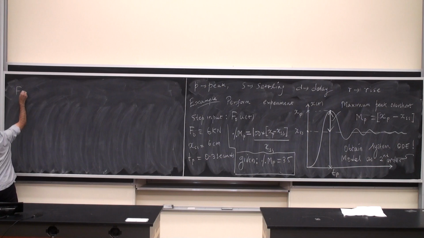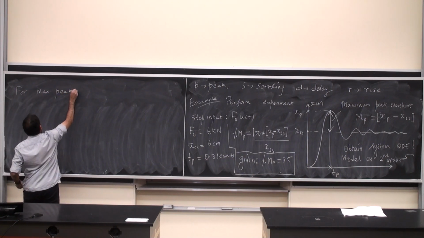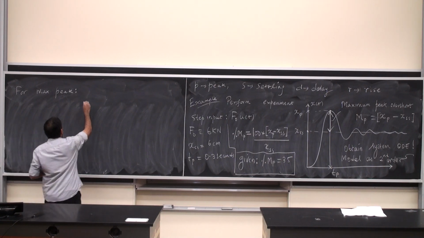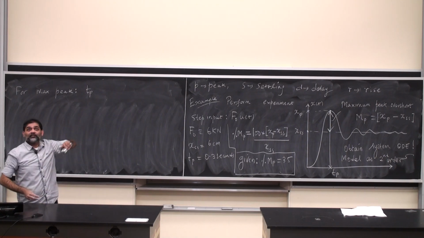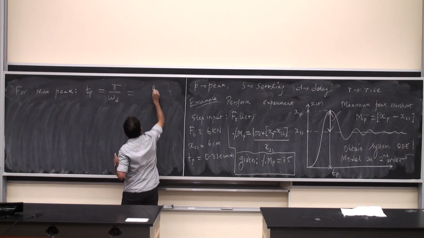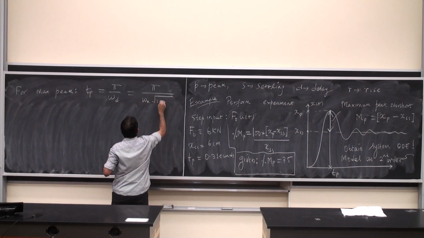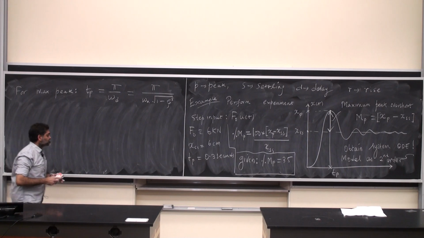For the maximum peak, the time taken to reach the maximum peak is t_p. This is the time taken to reach the first peak, which is the largest peak here, and is equal to pi by omega_d, or pi by omega_n times square root of 1 minus zeta squared.